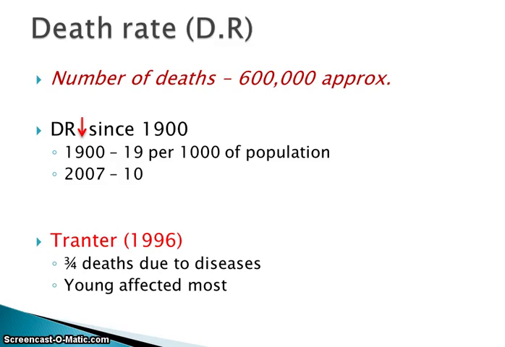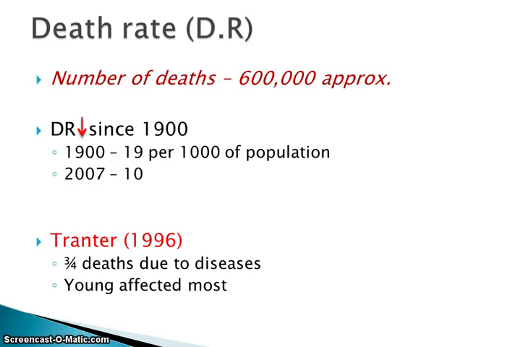Tranter in 1996 looked at reasons for this, and found that over three quarters of the deaths between the middle of the 19th century and just past the middle of the 20th century were because of infectious diseases such as measles, smallpox, diarrhea, tuberculosis, things like that.